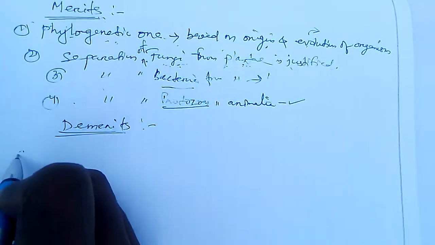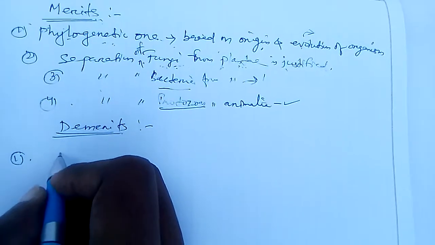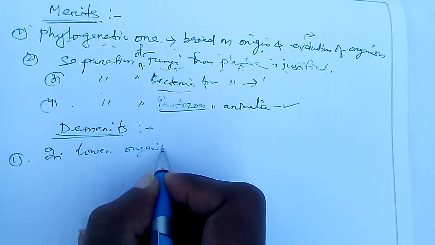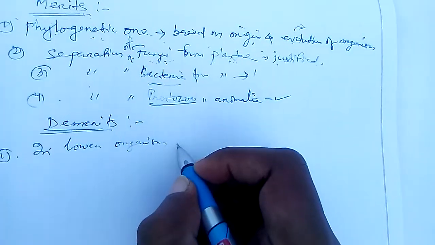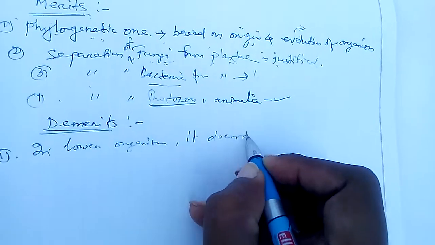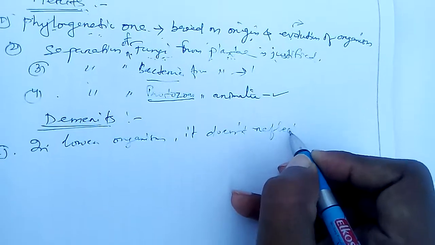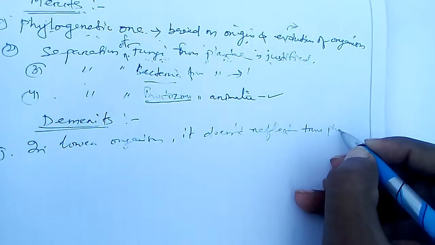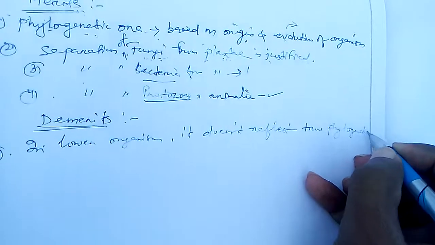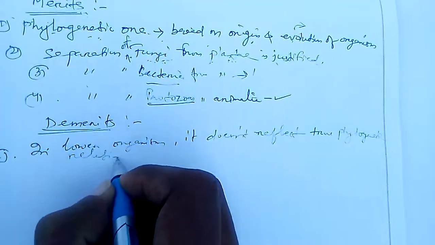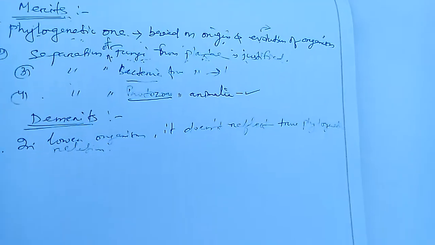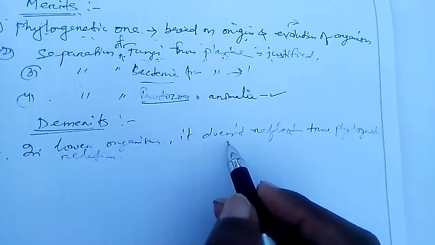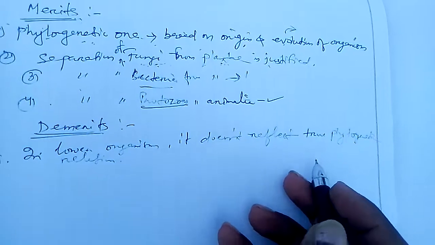So the first point of demerits we are going to discuss. In some lower organisms it does not reflect a true phylogenetic relation.